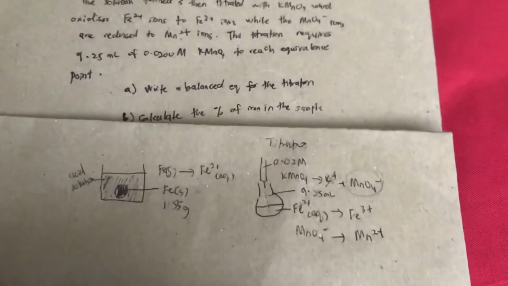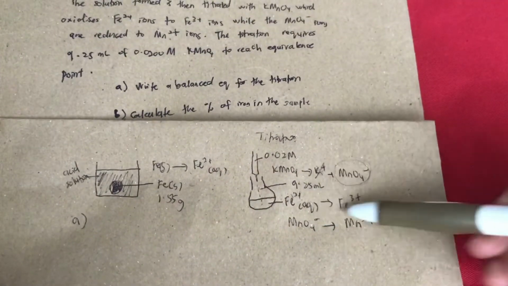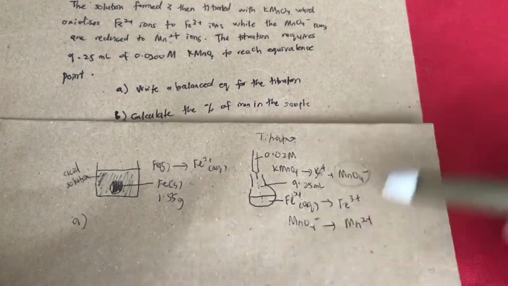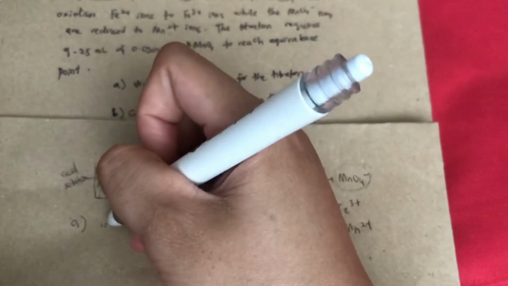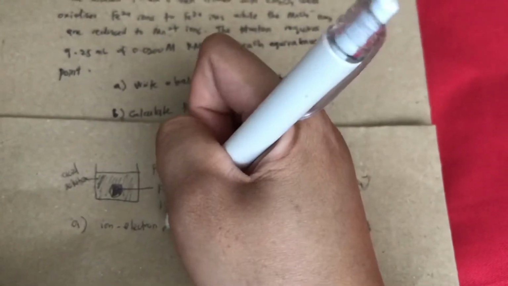Because this involves a redox reaction, we balance the equation by using the ion-electron method.